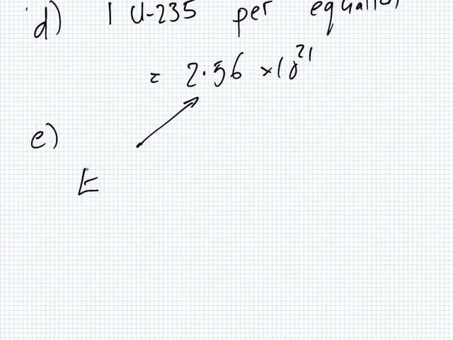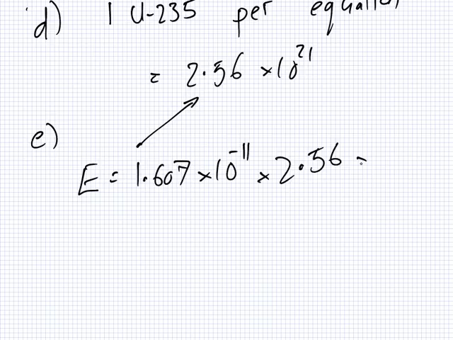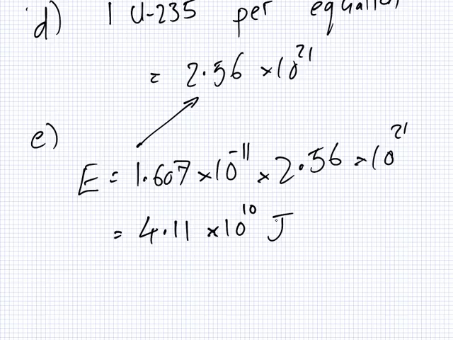So the energy will be 1.607 multiply 10 to the minus 11 multiply 2.56 multiply 10 to the 21, which is 4.11 times 10 to the 10 joules. Is that okay? Yep.